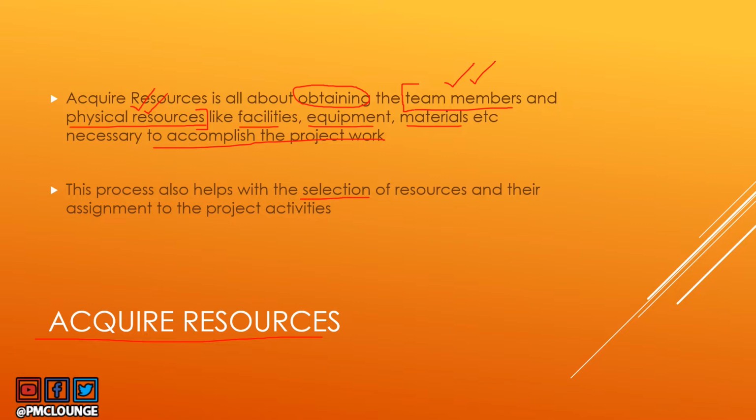You have the authority to select what hardware you would need to create that environment. Or let's say you need certain team members, people who are really good in Java programming. You have that right to make that selection and select team members, human resources, which are going to help you accomplish your project work.